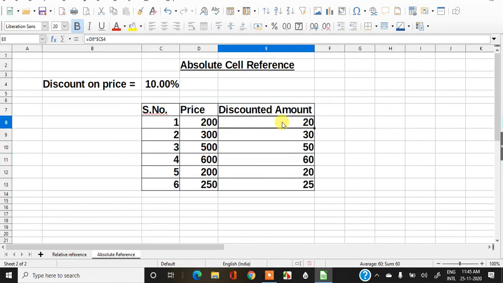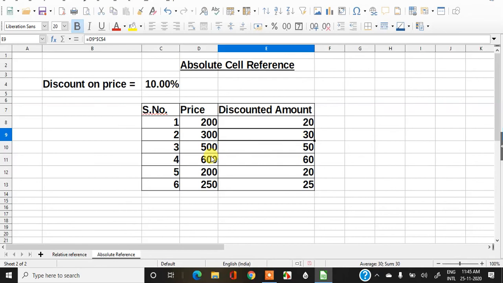Here you can see I have applied the formula equal to D8 times the constant discount cell. D8 is 200, and with the dollar signs I have made the discount a constant, and the result is 20. When I move down, the cell address for the calculation is now D9, and the discount is again constant, giving the discounted amount for the price 300.